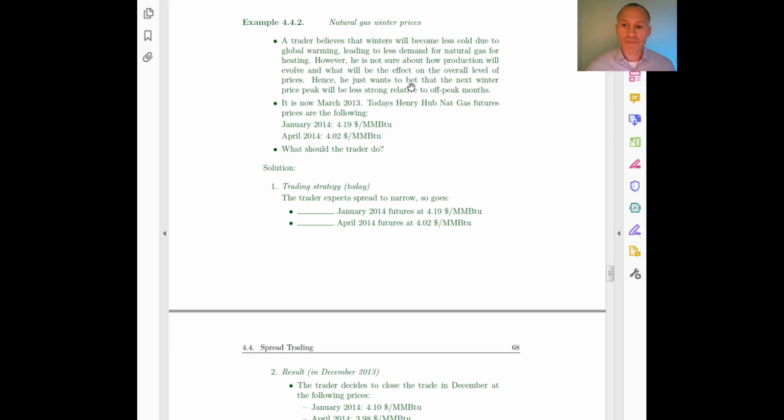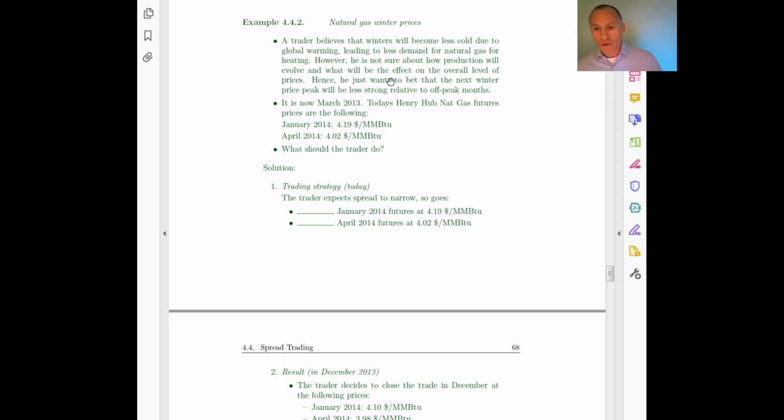You can go back to the previous pages where we had this curve of natural gas futures, and you will see there a typical seasonal pattern. So what this trader is saying is that the seasonal effect will be weaker.